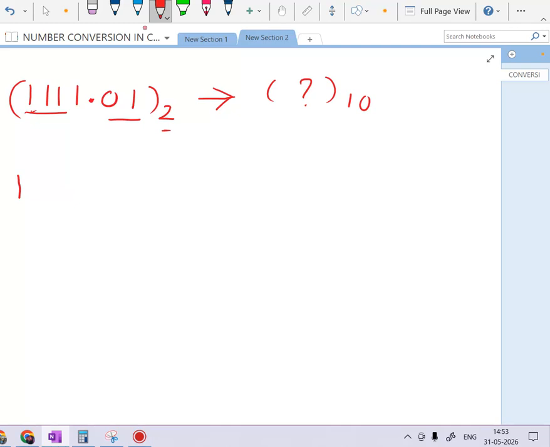So start: 1 into 2. Once you have done 1, close it in the bracket, then put the plus sign. Again, pick the next digit from here, multiply by 2, then close it, and put the plus sign again. Take another one, the same thing.